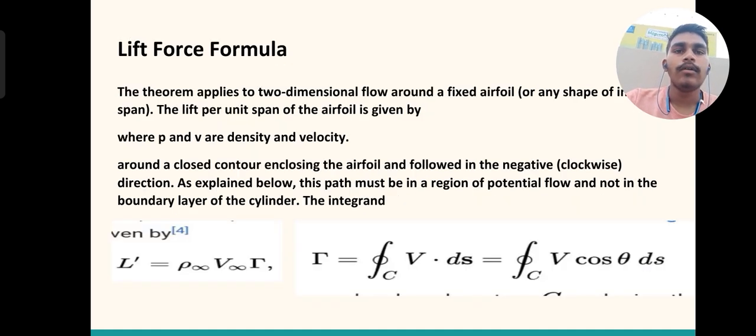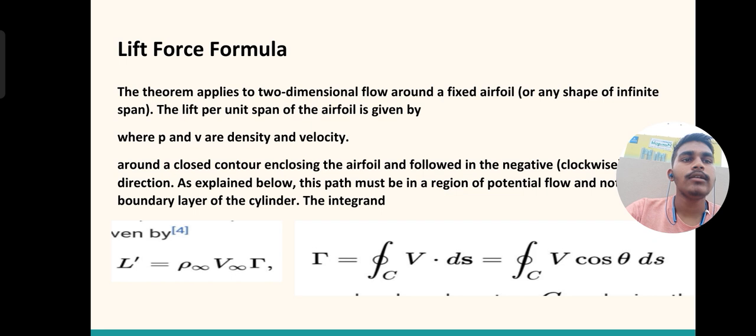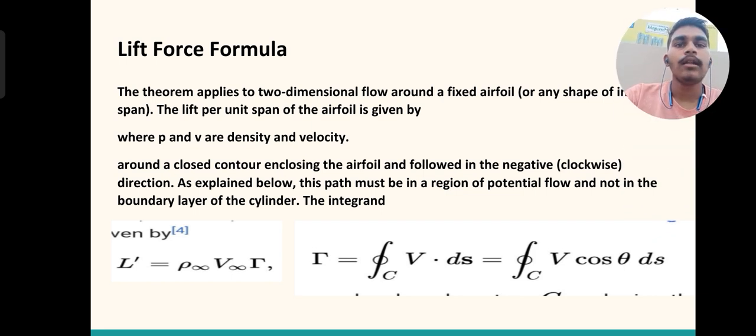Lift force formula. The theorem applies to two-dimensional flow around a fixed airfoil or any shape of infinite span. The lift per unit span of the airfoil is given by L equals rho infinity V infinity gamma, where rho infinity and V infinity are the fluid density and velocity, and gamma is the circulation around a closed contour enclosing the airfoil and followed in the negative, clockwise direction, as explained below.